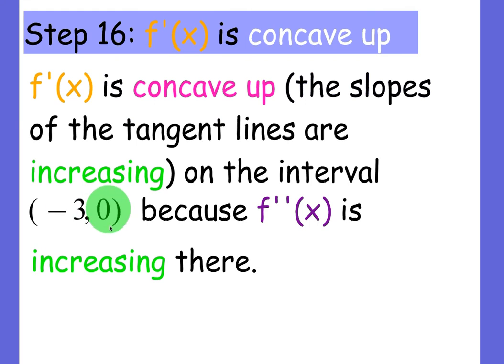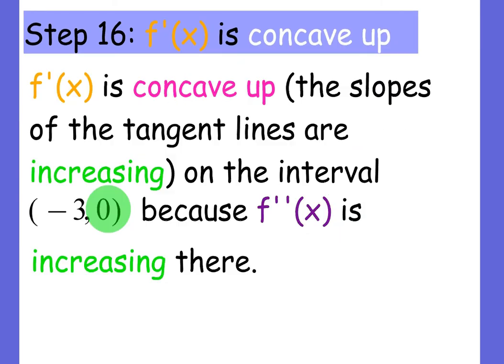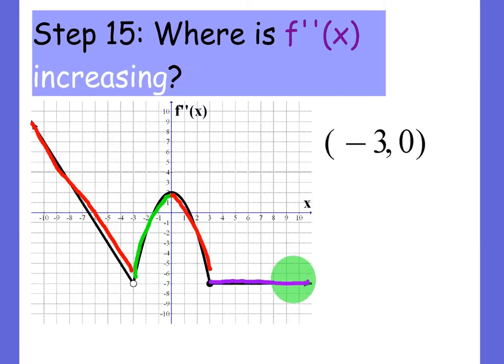Here's the other thing I wanted to mention. We showed that f prime will be concave down here, concave up here. But what about here where the graph is flat? f prime will be neither concave up nor concave down.